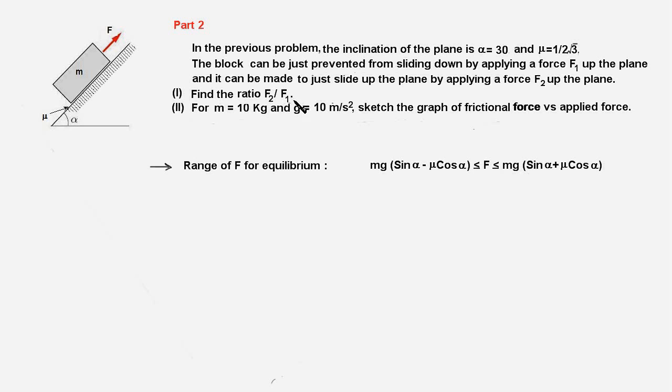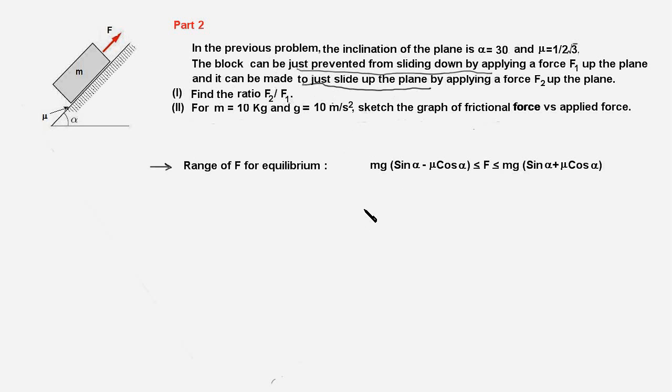And what is F1? F1 is the magnitude of the applied force which just prevents the block from sliding down. And F2 is the magnitude of the applied force F which just enables the block to slide up.